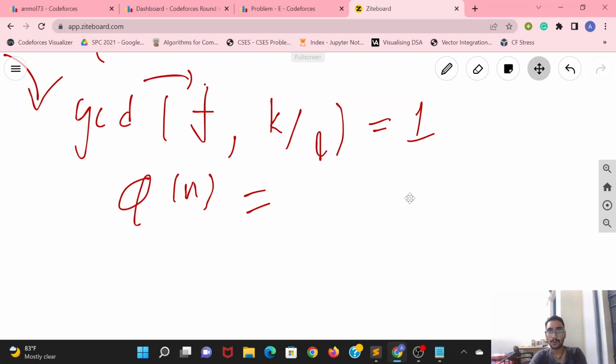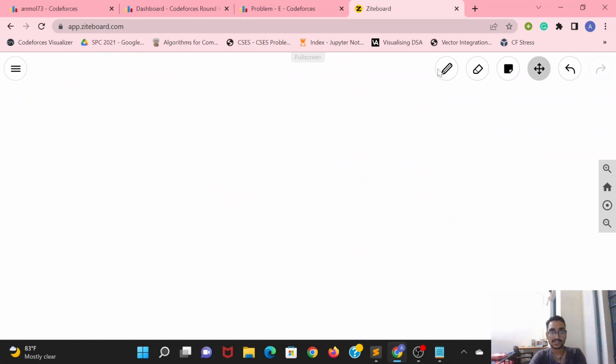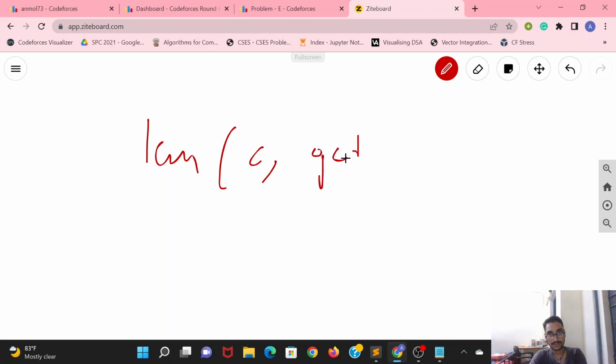Now in the original problem, what we wanted was LCM of c comma GCD of a comma k minus a.